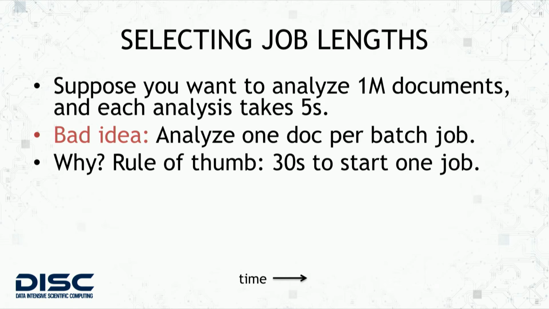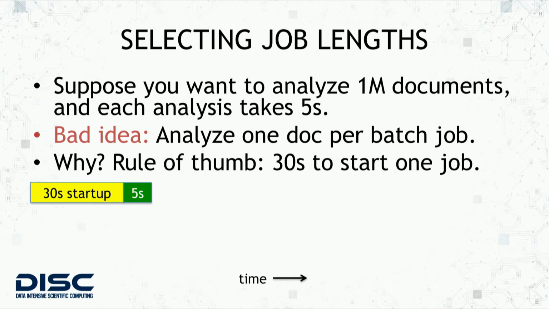Remember from the last lecture we had this 30-second rule. As a rule of thumb, it takes about 30 seconds just to start one job before it can start running, simply because the batch system has a lot of work to do in order to get the job scheduled and started. So I've got a little diagram which shows you what's going to happen here. If I have 1 million jobs that each take 5 seconds, then first we have to wait 30 seconds for that job to get set up.